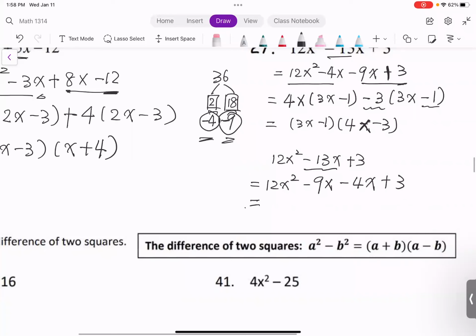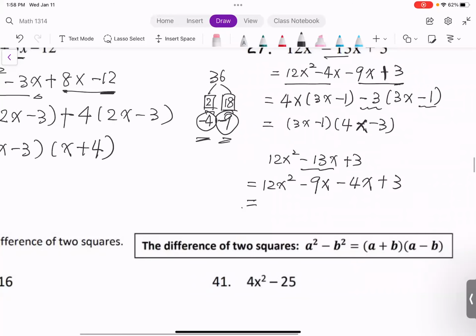Factor out the GCF from the first two. We have 3x, then what's left? 4x minus 3. Then minus, so negative 4x plus 3. I really want to make a GCF 4x minus 3, a positive 4x minus 3.